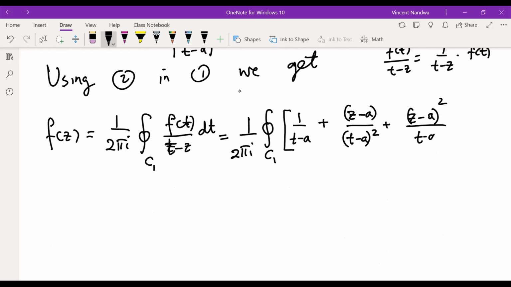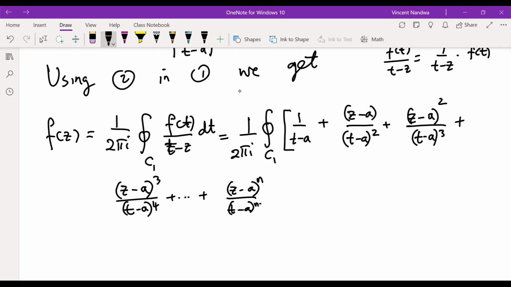Then plus (z minus a) to the power 3 over (t minus a) to the power 4, plus (z minus a) to the power n over (t minus a) to the power n plus 1, then times f of t, then dt.